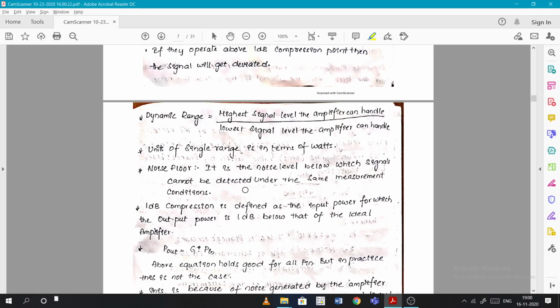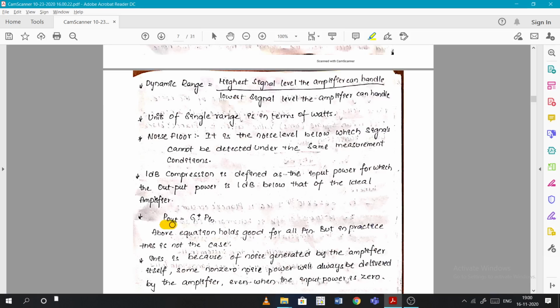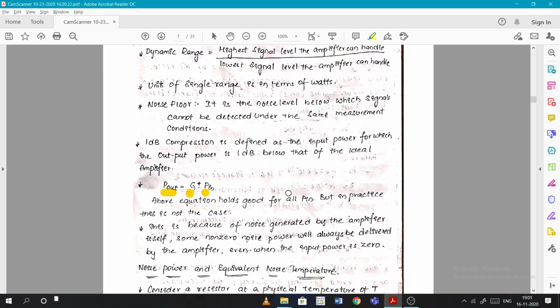Next, 1 dB compression we also defined. Generally an amplifier has output power P naught, which is gain multiplied by input power. This expression should hold for all values of input power, but in practice it will not be the case. It is because of the noise generated by the amplifier itself.